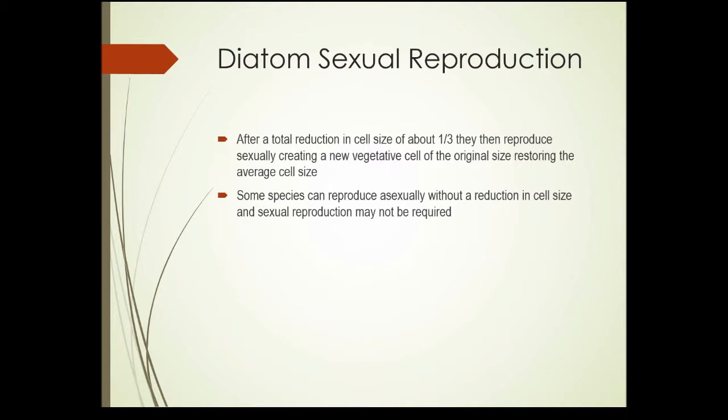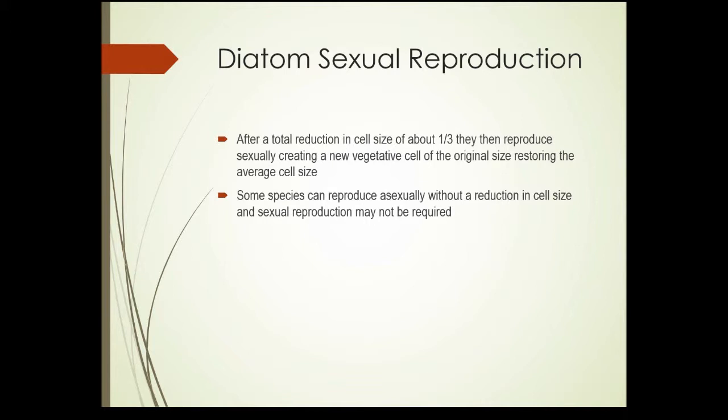Once the diatom cell has been reduced in size by about 1/3, they form a fertile cell. That fertile cell reproduces sexually, which creates a new vegetative cell back at the original size, restoring the average cell size.